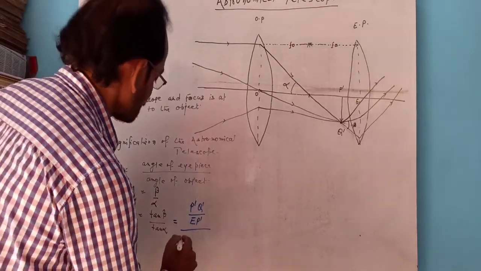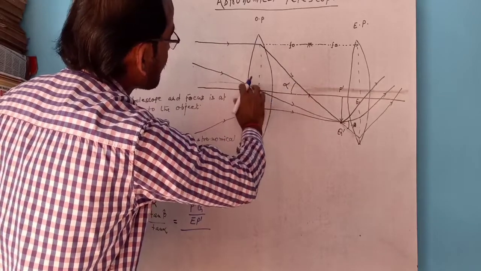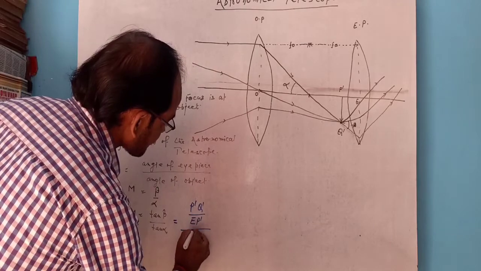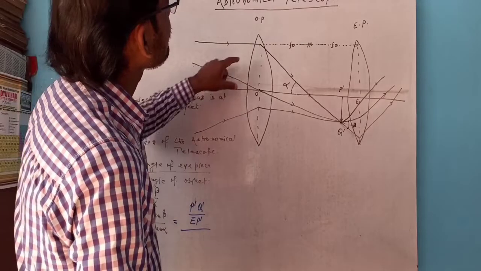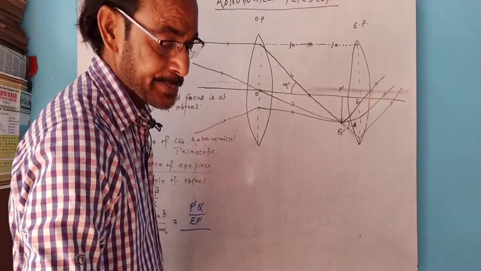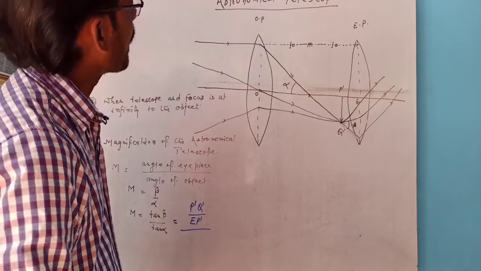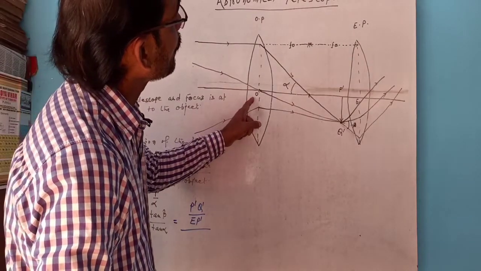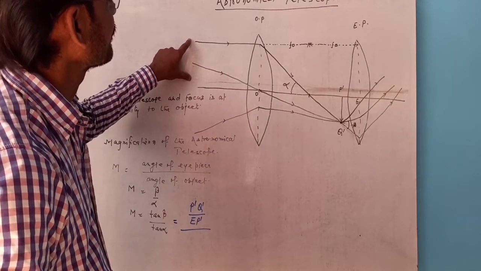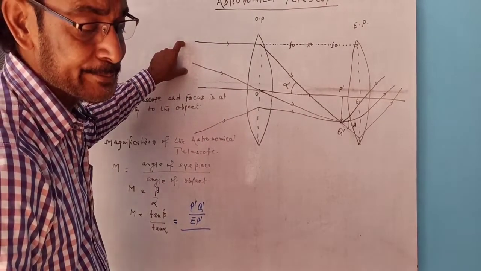The ratio for tan alpha, the angle of the objective piece, is P dash Q dash upon OP. OP, the object distance, is not mentioned here because the object is coming from infinity.